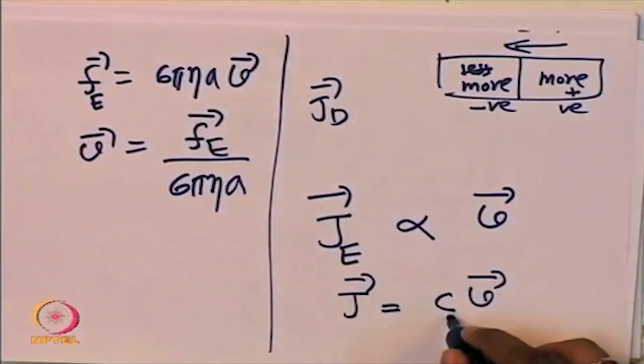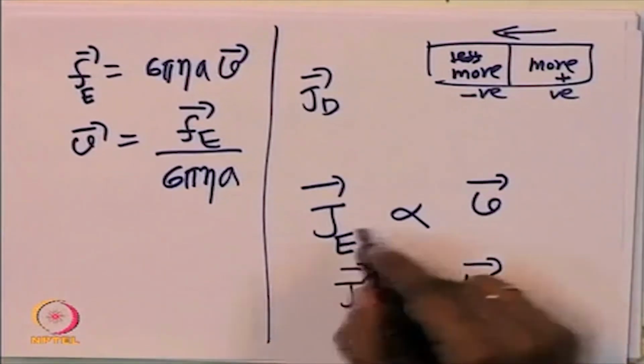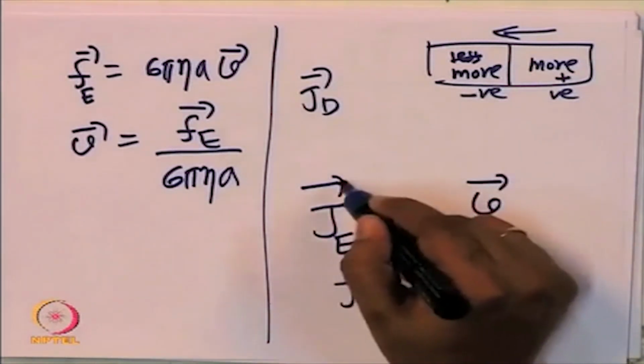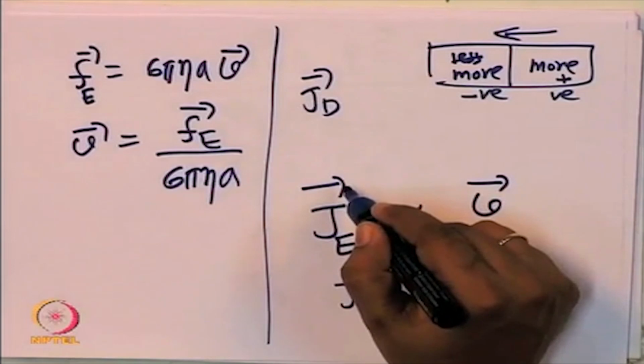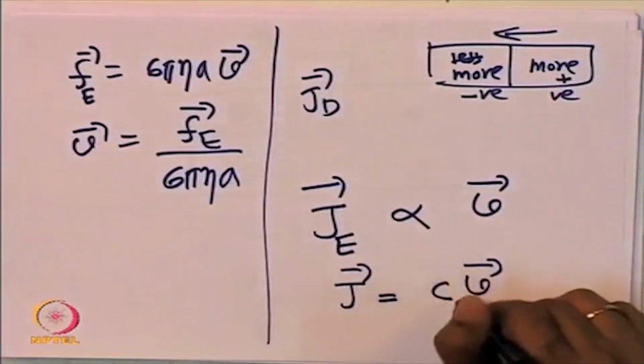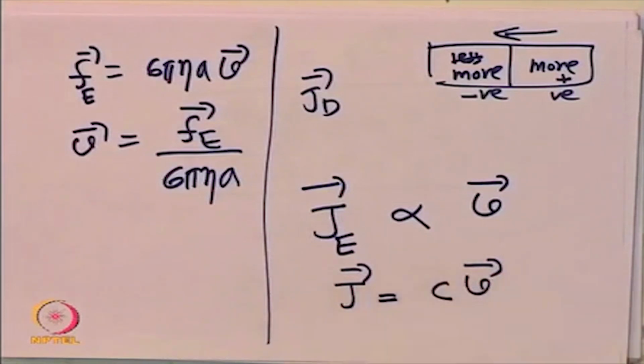If you do not understand how C is coming, just look at the dimensions of velocity and current J, and you will see that they are related by C v. Okay, now, knowing this, let us look at the slide.